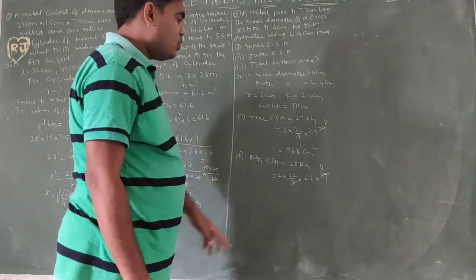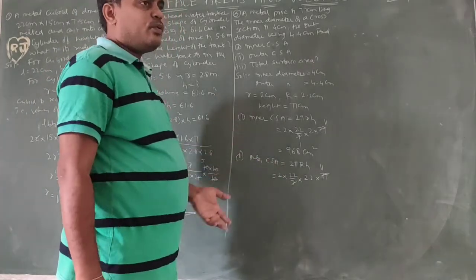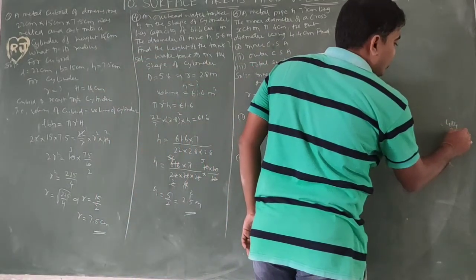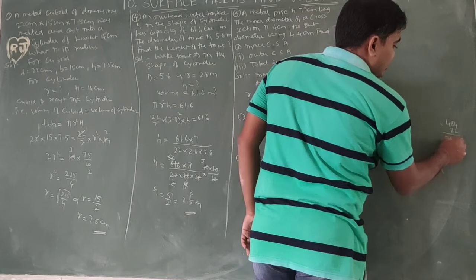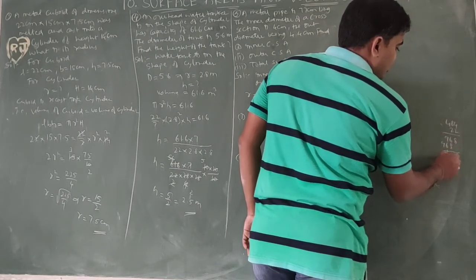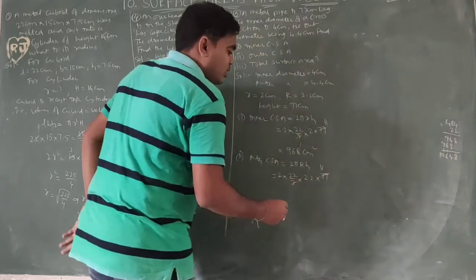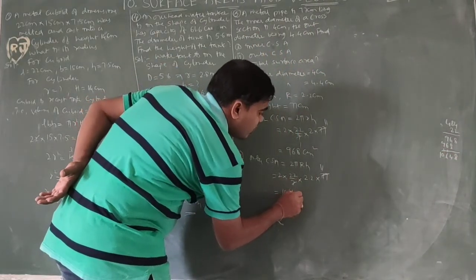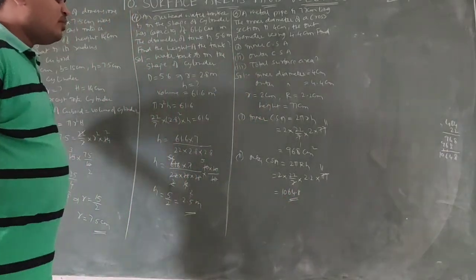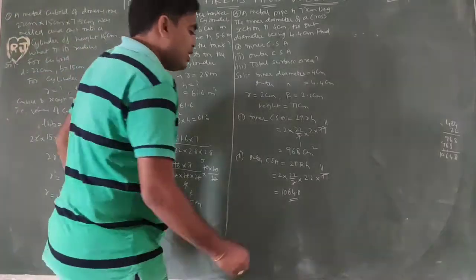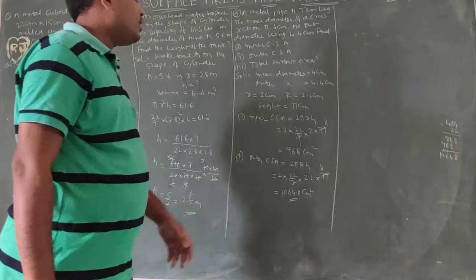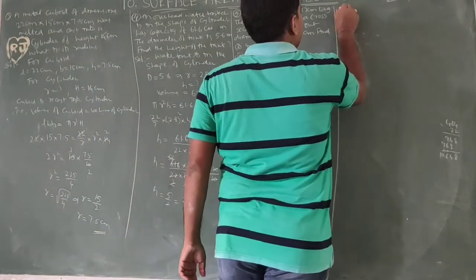Now 11 into 22, 22 into 22, 484 into 2, 968. So 1064.8 centimeters squared. So this is the outer CSA.